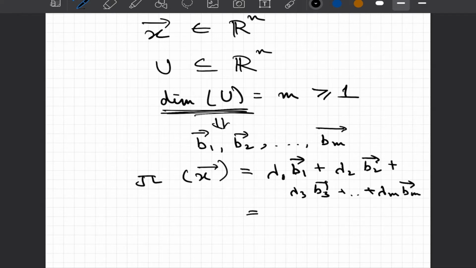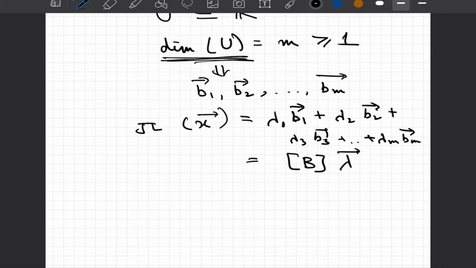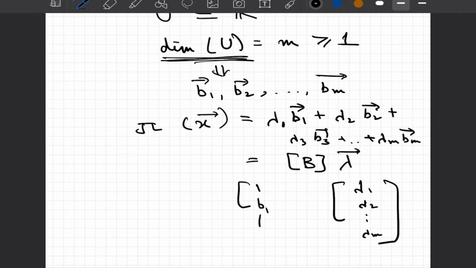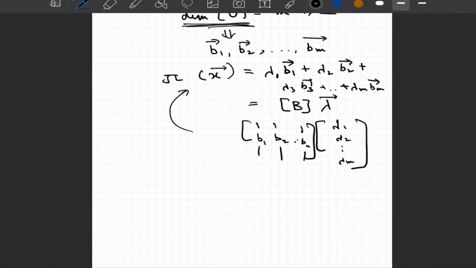In compact notation we can always write it as the B matrix, where B comprises the b1 vector, b2 vector, b3 vector and so on, multiplied by the lambda vector, where the lambda vector comprises lambda 1, lambda 2, all the way till lambda m, and when we multiply these two we end up with the same result.